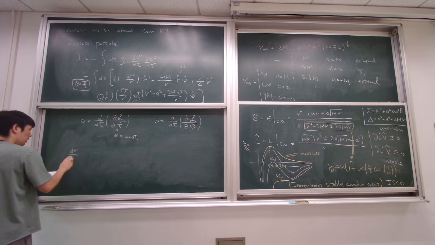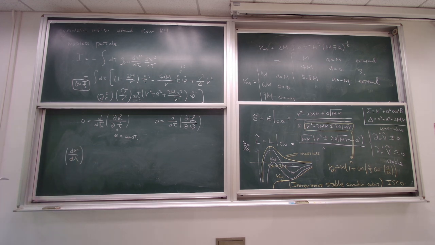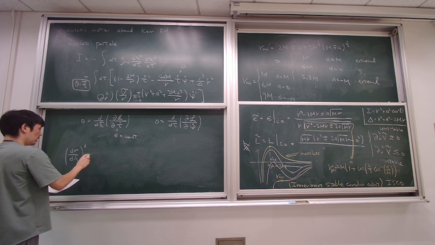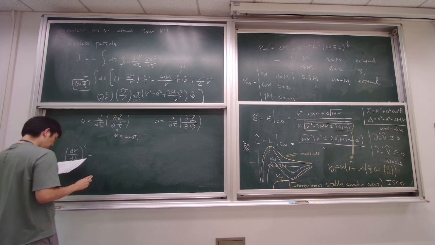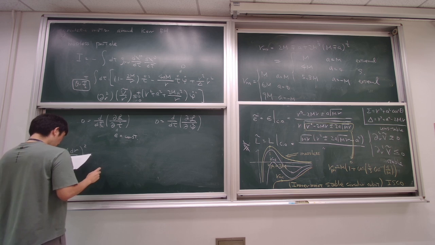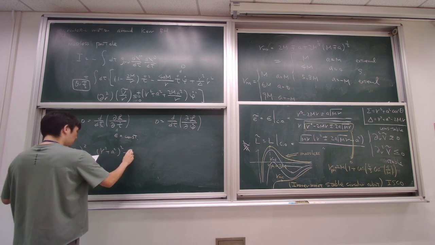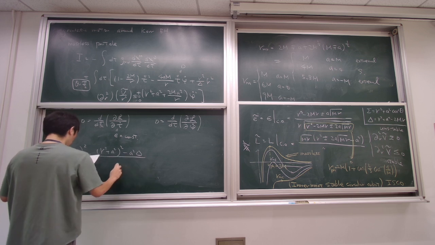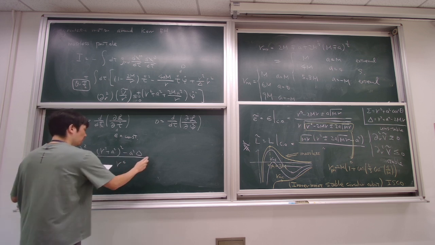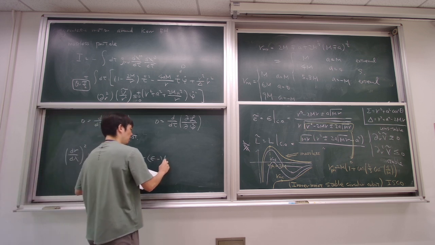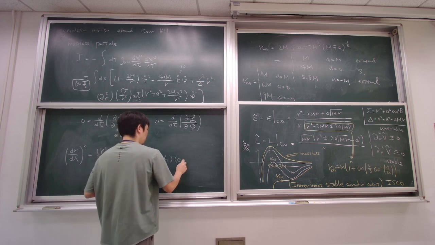Since it's massless, I have to use some affine parameter, lambda, instead of proper time. And dr/dlambda squared is equal to (r square plus a square minus a square delta) divided by r to the fourth, times (E minus b plus) and (E minus b minus).